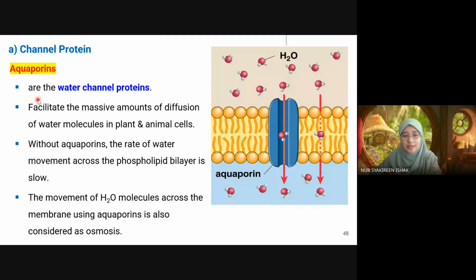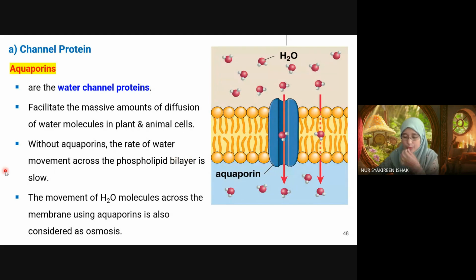Now, an explanation of aquaporins. Aquaporins are water channel proteins that facilitate the massive amount of diffusion of water molecules in plant and also animal cells. So in order for water molecules to increase the rate of diffusion, they have to use aquaporin.